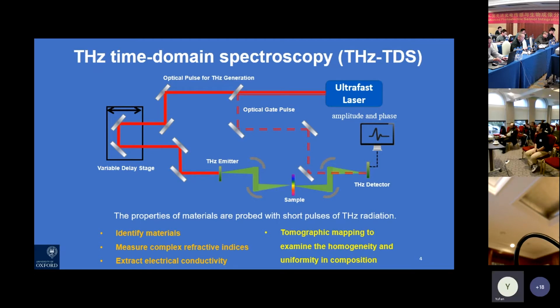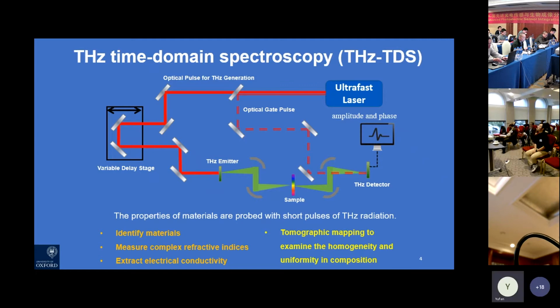As you can see, it is a pump probe technique based on a femtosecond laser, and the laser beam will be split into two optical beam paths, one passing through a delay stage, which is guided to the emitter to produce a single cycle terahertz pulse. And the other optical beam is guided to the detector to switch it on.